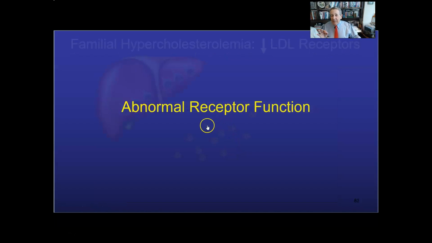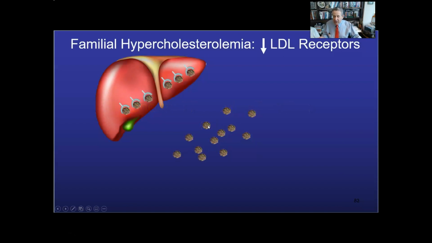Now, there can be abnormal receptor function on our liver that can affect this. It's not nearly as common as the abnormal size of lipoprotein particles, but what about familial hypercholesterolemia? Brown and Goldstein got the Nobel Prize for realizing that there were only half the number of receptors. So even normal size LDL couldn't be cleared efficiently.